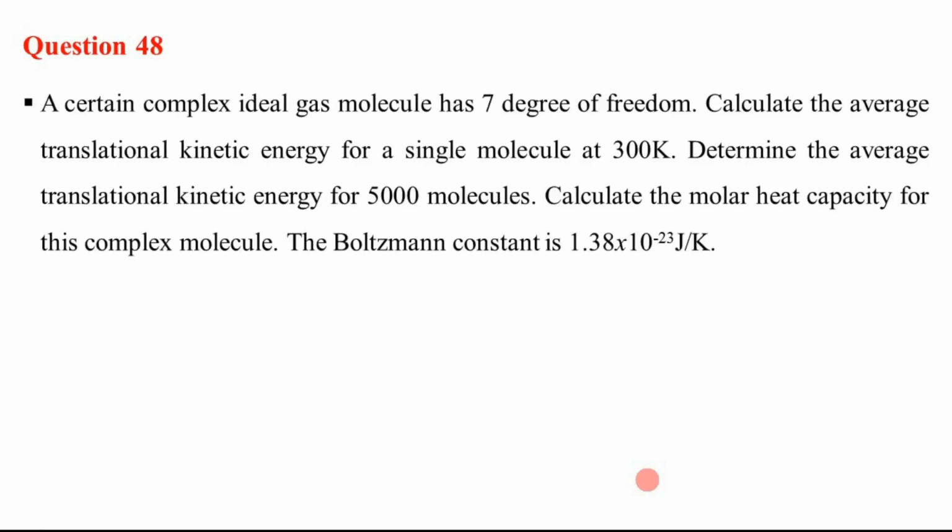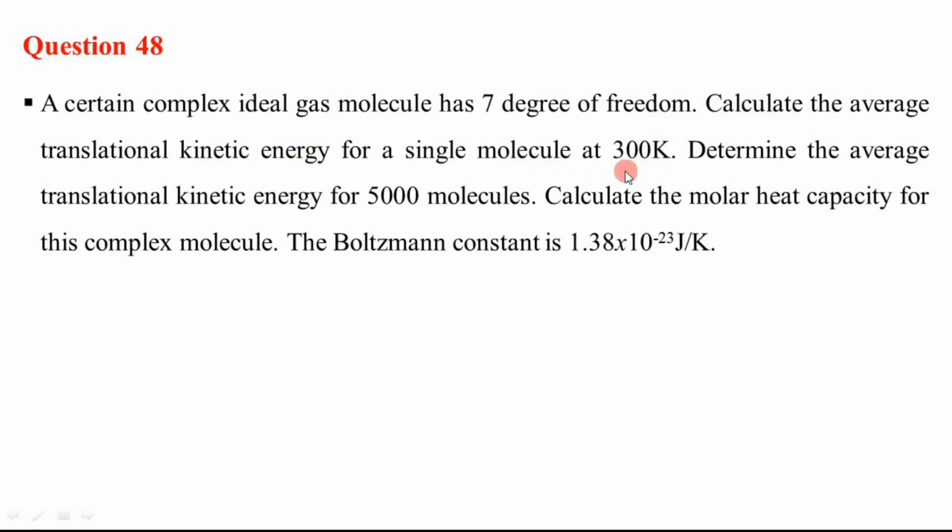Let's move to question 48. Question 48 is asking, a certain complex ideal gas molecule has 7 degrees of freedom. The degree of freedom was given as 7. They are asking to calculate the average translation kinetic energy of a single molecule at 300 Kelvin.